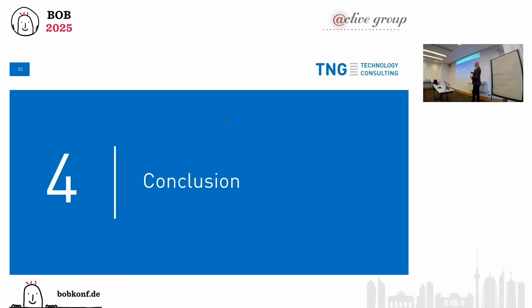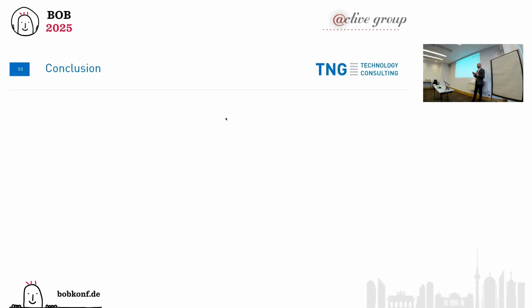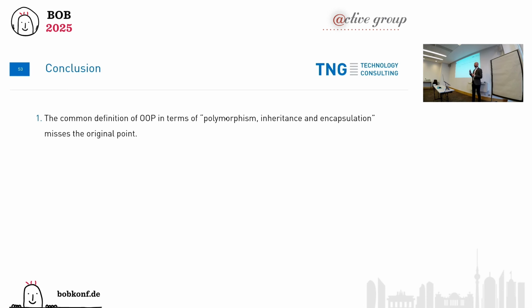So we're coming to the end. Let's have a quick recap of what we've learned. First of all, we saw the common definition of OOP in terms of polymorphism, inheritance, and encapsulation. That misses the original point of the paradigm.